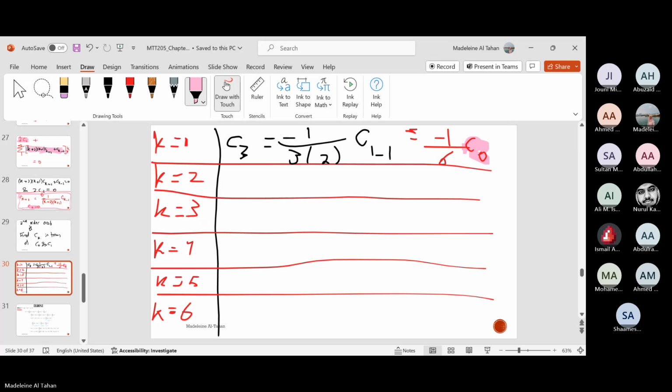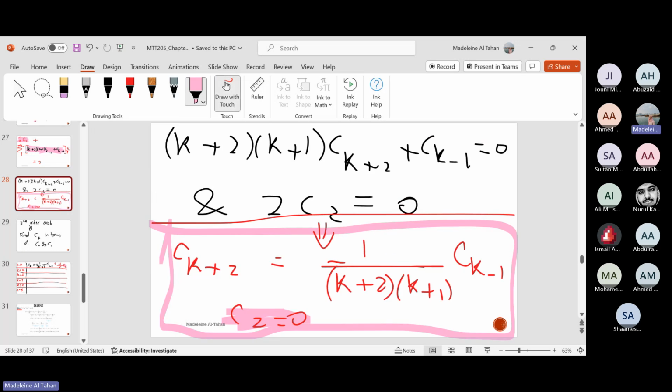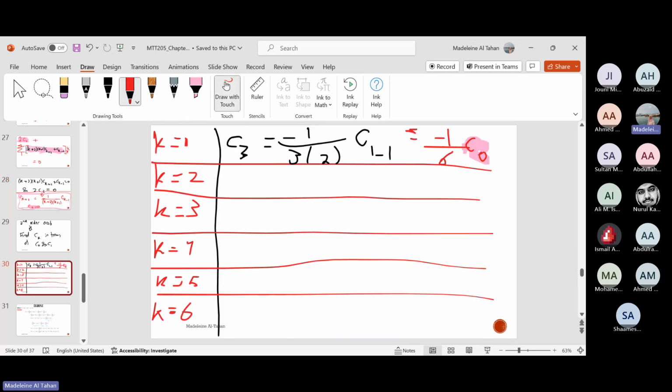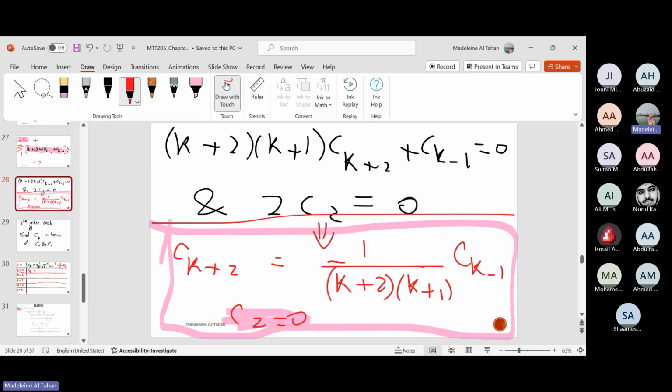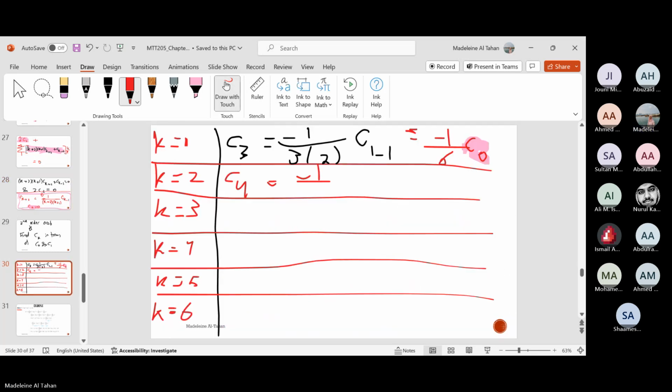At k equal 2, what will happen? We will get c4, equal minus 1 over 4 times 3, c_{2-1}, which is c1. So we got negative 1 over 12 c1.